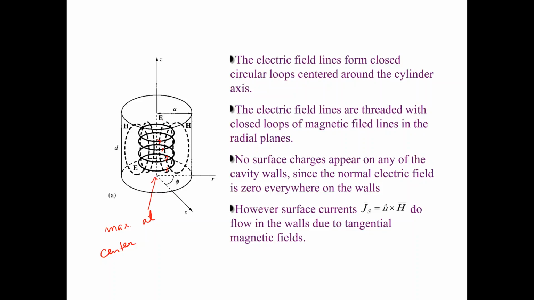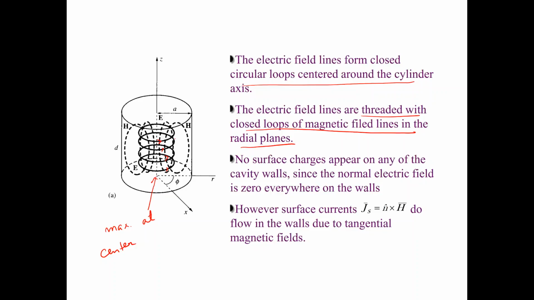So think of it as rings going around in E direction, in rho and phi direction, and H field is now a ring which is perpendicular to these rings and are radially arranged in the Z phi direction. So electric field lines form closed circular loops centered around the cylindrical axis, and then they are basically threaded with closed loops of magnetic field lines in radial planes.